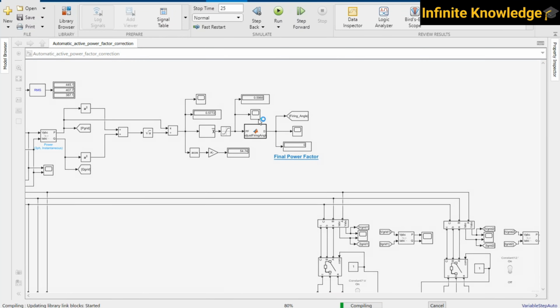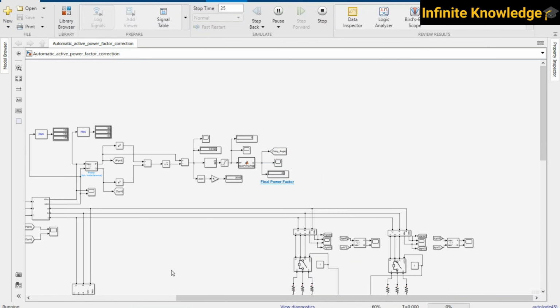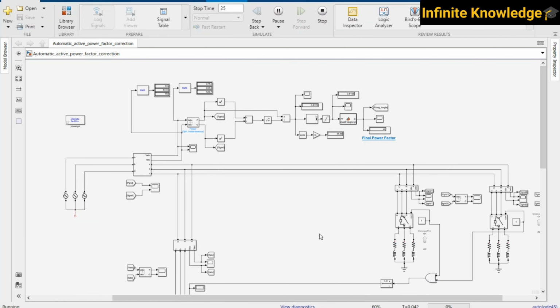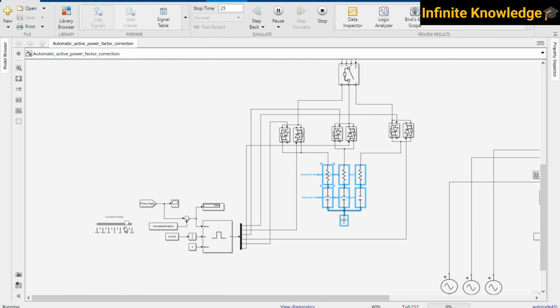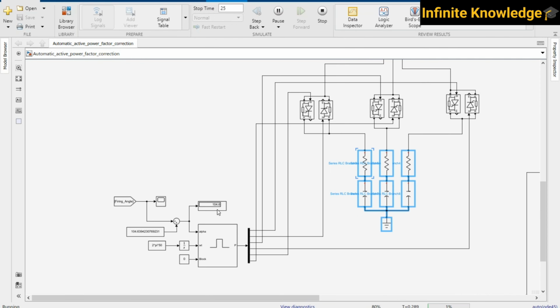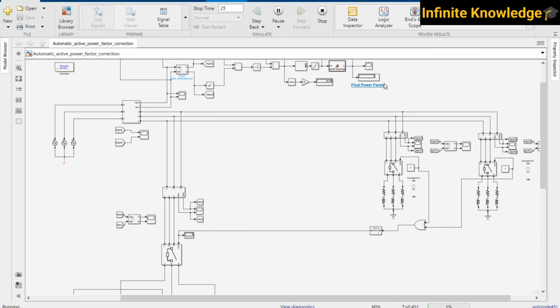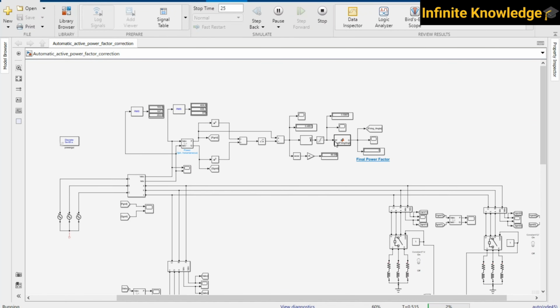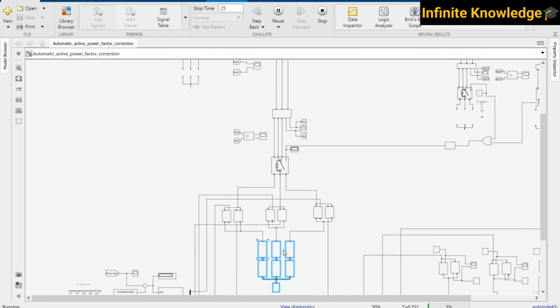So I am not changing anything in the slider; I have used the slider just to explain the firing angle very well. You can see here it is again 104. The firing angle is 104 and we are getting a power factor of 0.59, or nearly 0.6, which is totally inefficient.